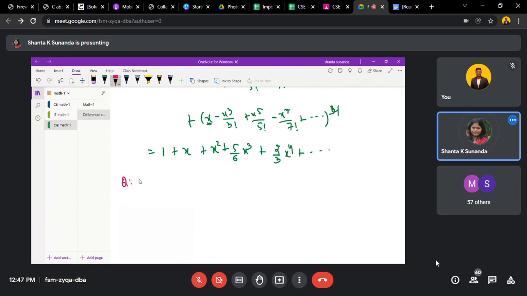We did this one. Verify Taylor's theorem for f of x equals 1 minus x, pi by 2, with Lagrange's form of remainder.